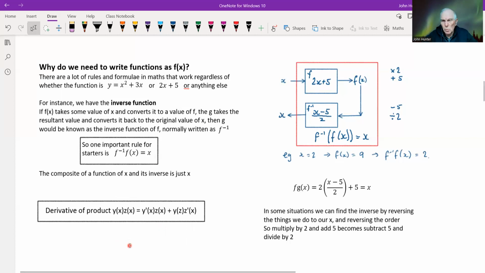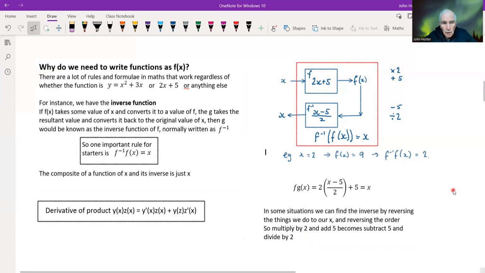In some situations, we might have to constrain the domain of the function, so we just say this applies for x between 3 and 8 or something like that. But within those constraints, this is a really important and useful rule.